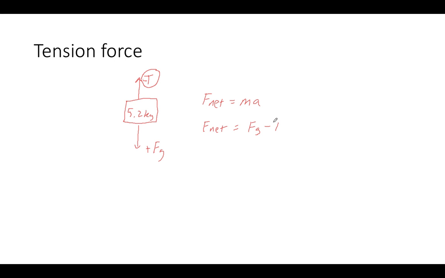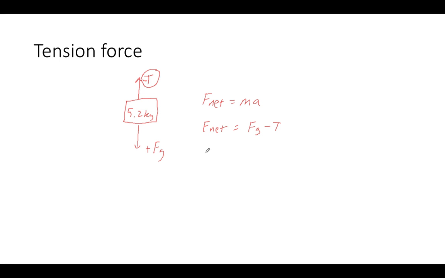Okay, so we've solved for the acceleration of each mass. So we know what the acceleration of this mass is. So now we can just use Newton's second law and apply it to only this mass by itself and ignore the second mass and solve for the tension force.